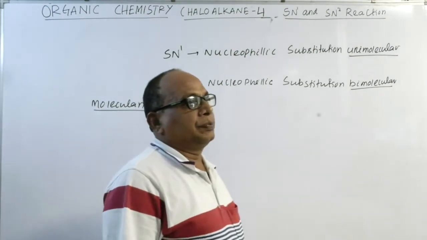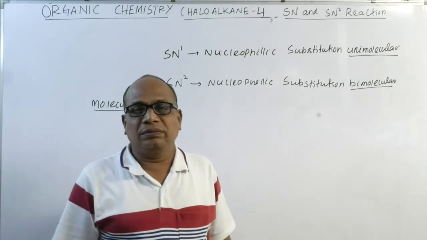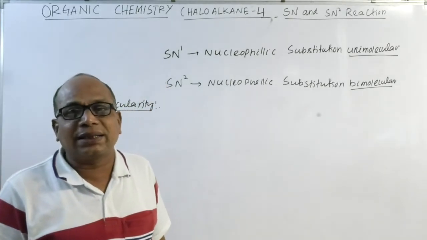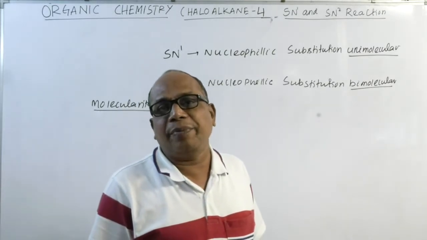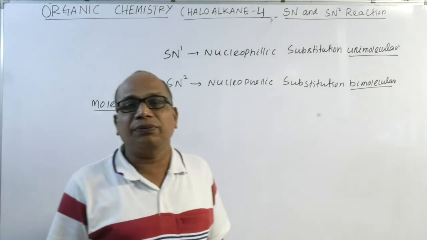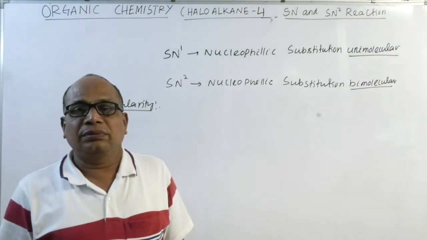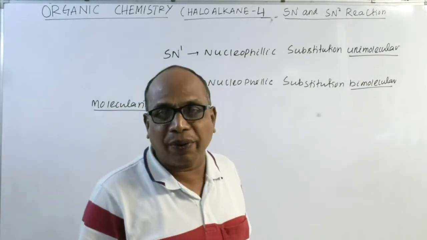So, according to the law of mass action, the rate of a chemical reaction is directly proportional to the molar concentration of the reactants, each raised to the power of the stoichiometric coefficient in the balanced chemical equation.